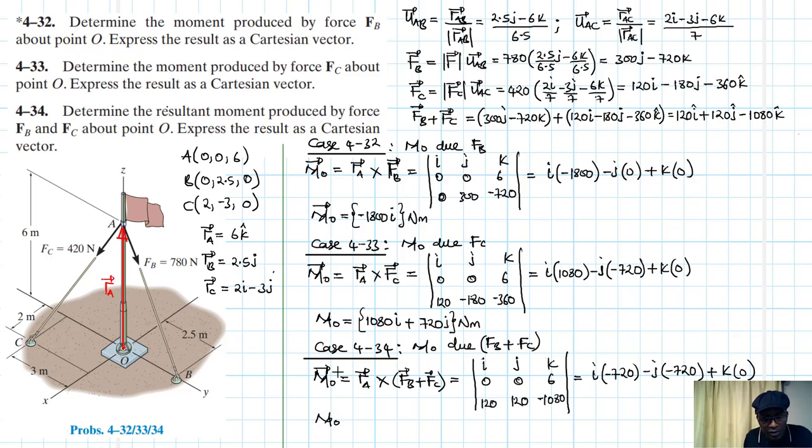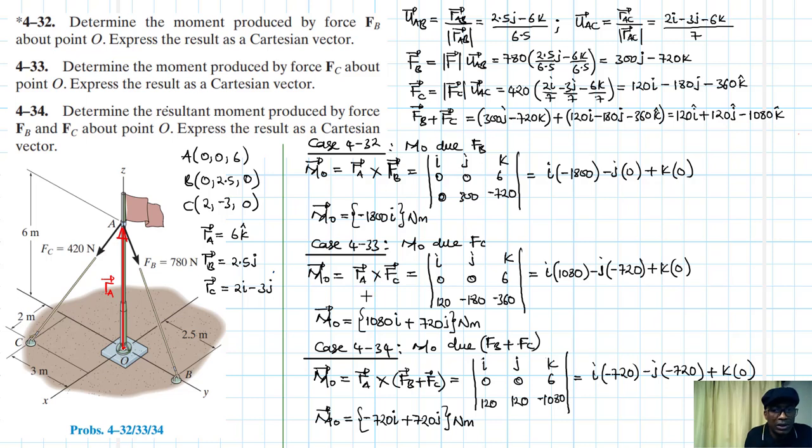Therefore, the moment vector is just going to be equal to minus 720 I plus 720 J. Okay, and this is Newton meters.